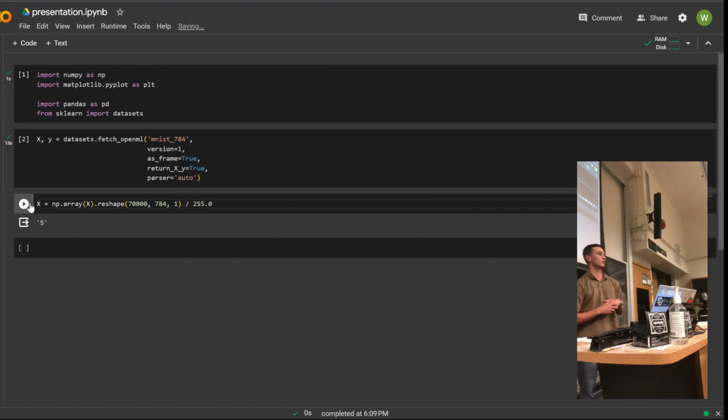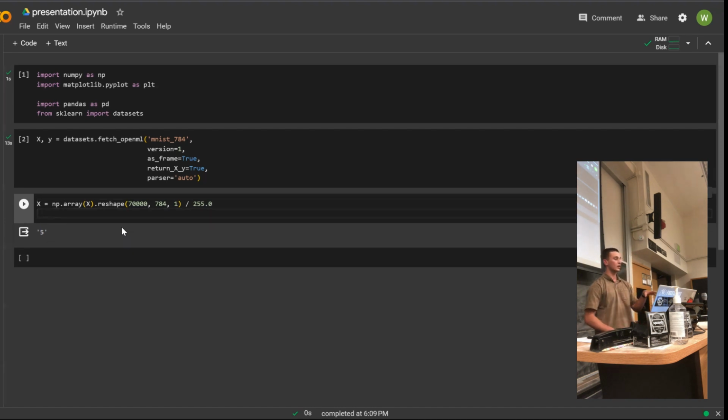Okay, so these grayscale images are 28 by 28 matrices where each element is an integer from 0 to 255, indicating the darkness of the pixel in the matrix. And so I'm dividing by 255.0 here to convert it to a float and also normalize it to a number between 0 and 1. And I'm reshaping it here. 70,000 is the size of our data set.